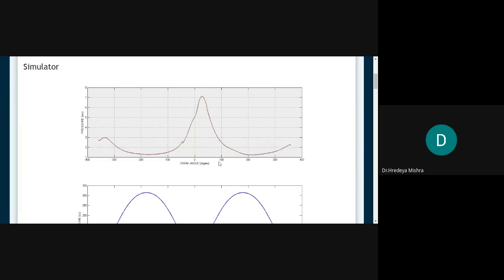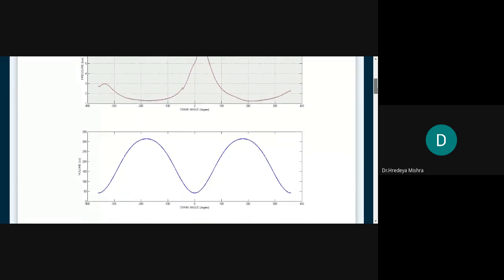and here we can see the different volume angle or crank angle in the different pressure. Okay, in this case, this is the pressure versus crank angle, this is volume versus crank angle.